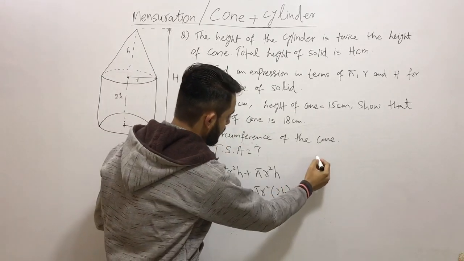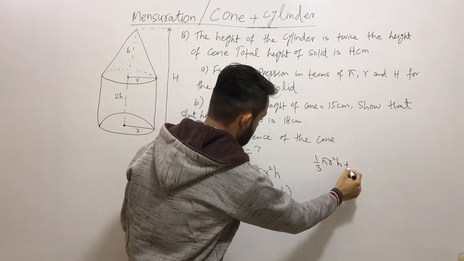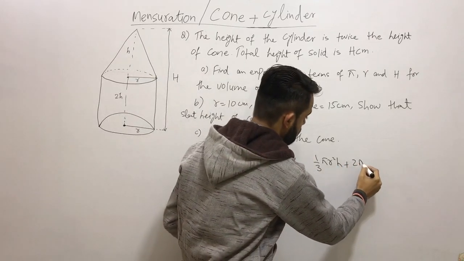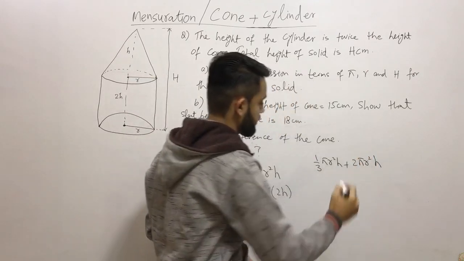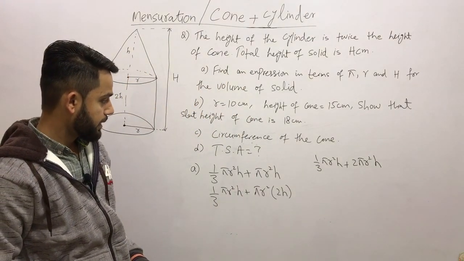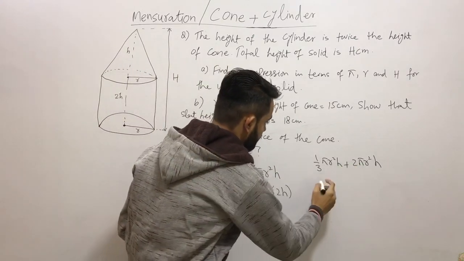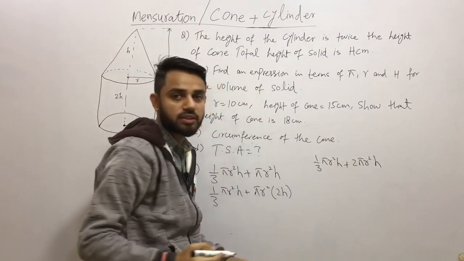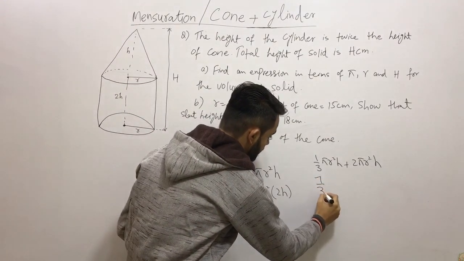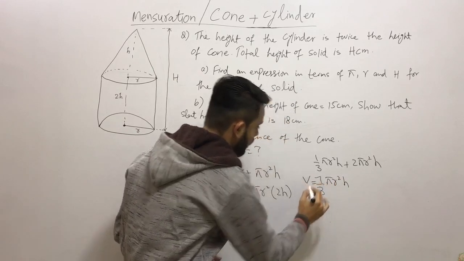Now let's simplify this expression. It would be 1/3 pi r square h plus 2 pi r square h. If we take the LCM, 3 times 2 is 6, plus 1 is 7, so it would be 7/3 pi r square h, and that would be your volume.